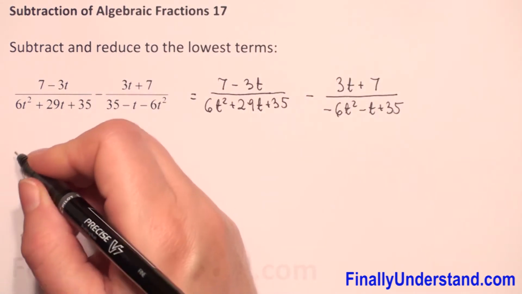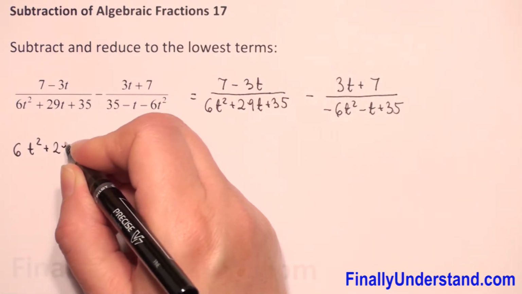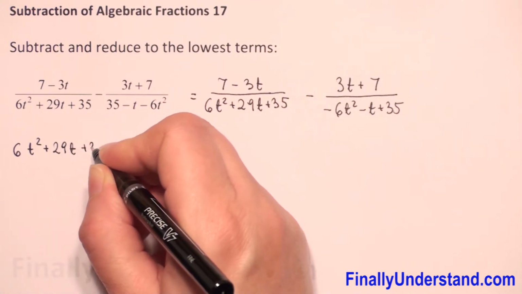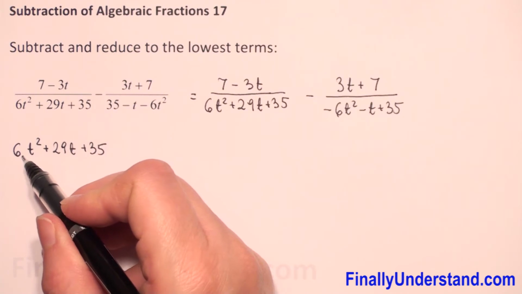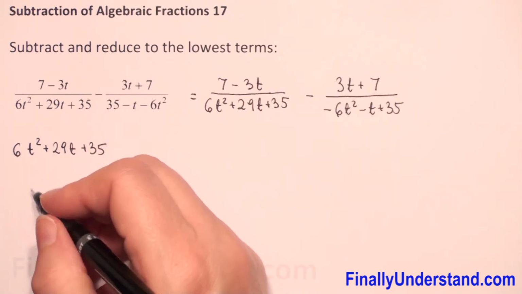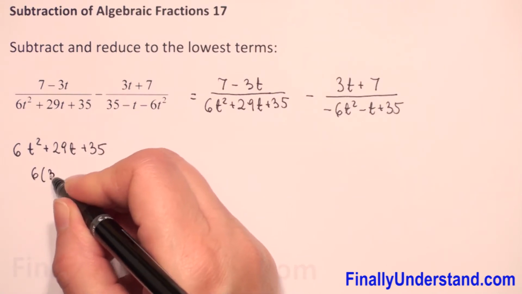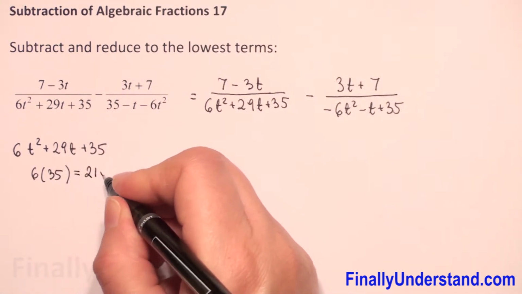So let me copy first denominator. We have 6t squared plus 29t plus 35. The coefficient before t squared is different than 1, so we have to multiply 6 times 35. This is equal to 210.